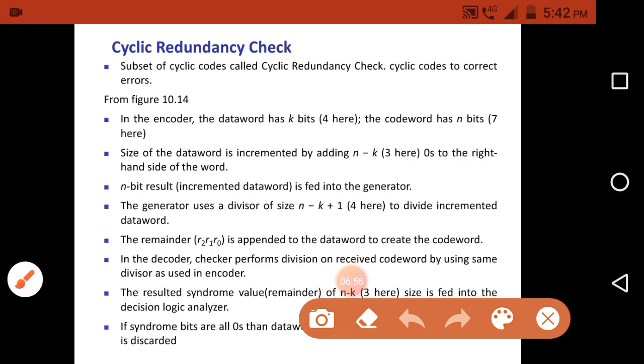After that, the generator uses a divisor of size n minus k plus 1 to divide the incremented data word. N minus k plus 1 means n is 7, k is 4, so 7 minus 4 is 3, and 3 plus 1 is 4. So that is the size of the divisor.